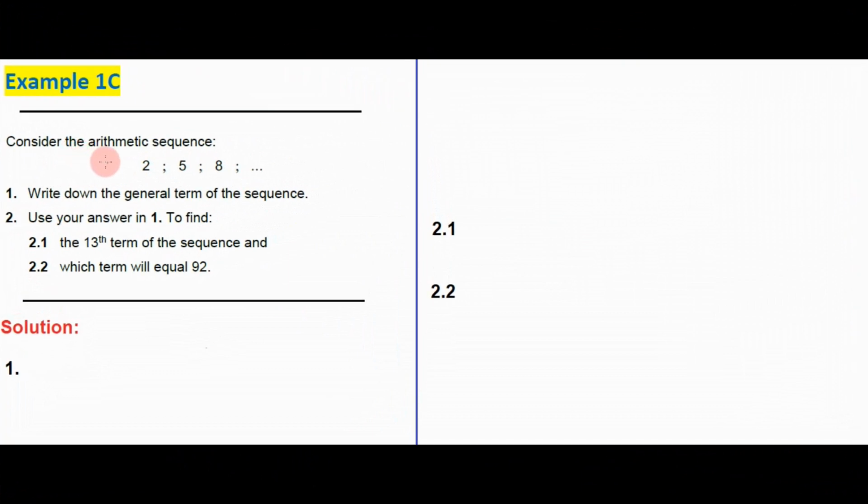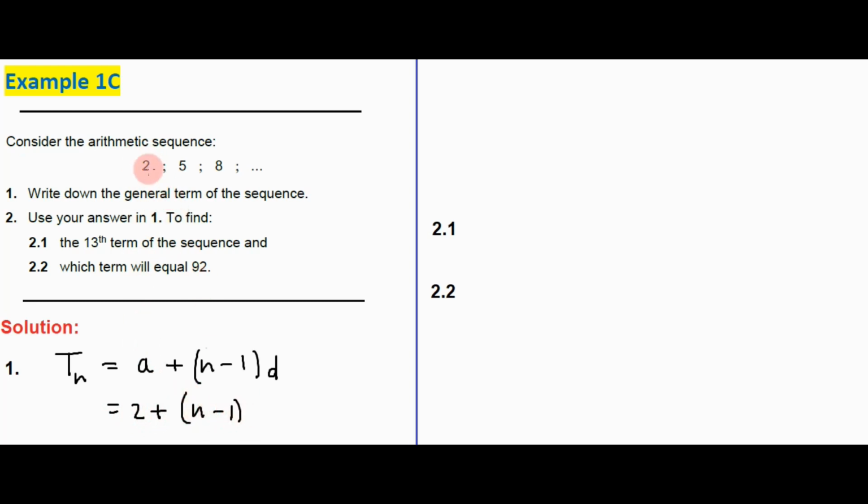In this example, we are given this arithmetic sequence, and in the first question, we have to write down the general term of the sequence. Now, in order to answer this question, we will always use the formula t sub n equals a plus n minus 1 times d. And then we merely replace a and d with the numerical values in order to find the general term. So a, the first term, is 2. We keep n.